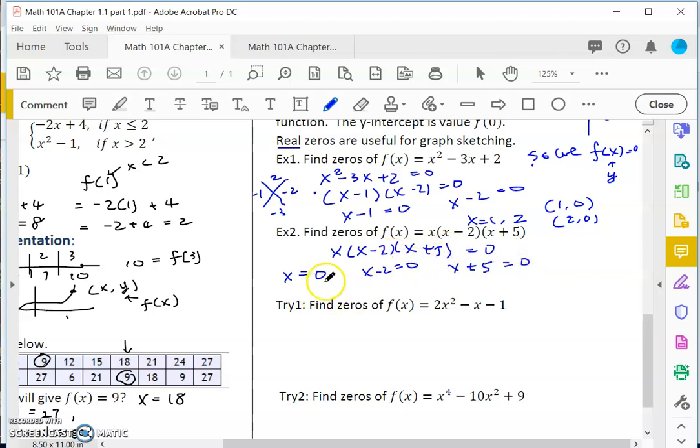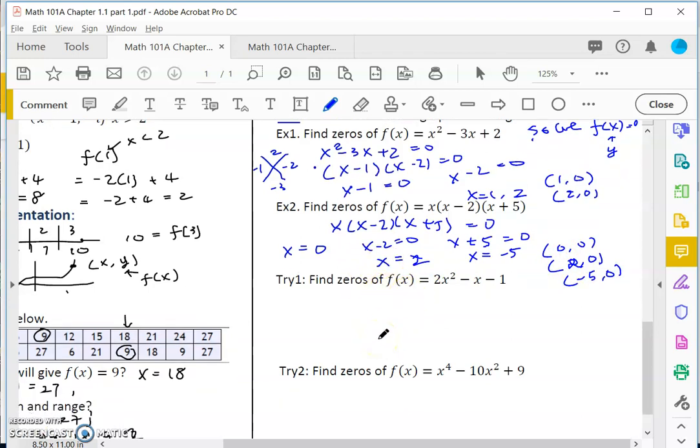Because whenever one of them is 0, the whole thing is 0. So this one is done, and I have x equal to 0, x equal to 2, and x equal to negative 5. So the points would be (0, 0), (2, 0), and then (negative 5, 0). So that we have 3 x-intercepts.